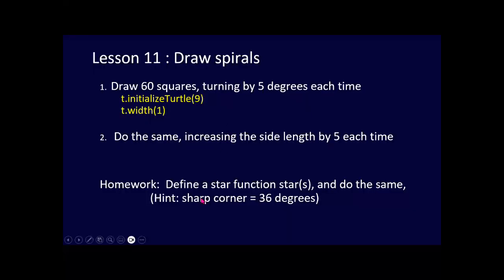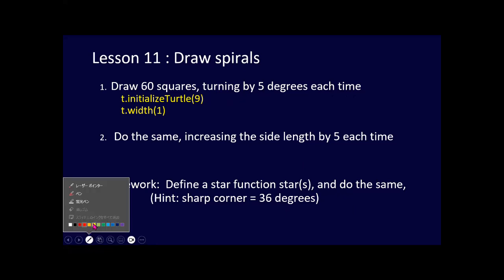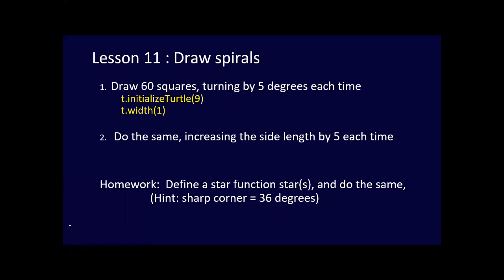Last one was draw 60 squares turning by 5 degrees each time. Okay, we did that. And the homework was also increasing the side length, and then define a star function of star s and do the same. Okay, let's do that.